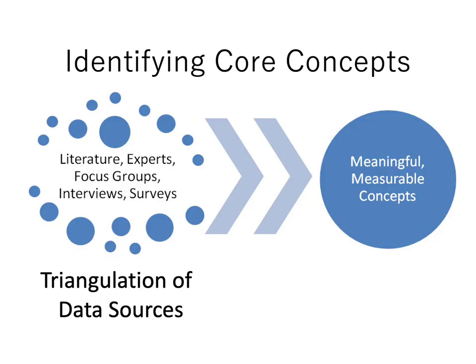This can be done through a qualitative process. It can be done through a quantitative process, and most likely it will occur through some form of a mixed methods analysis approach where you're combining both qualitative and quantitative analysis strategies. The end result of this is to come up with a robust, meaningful, measurable concept or concepts.